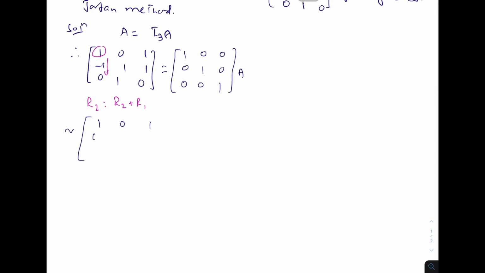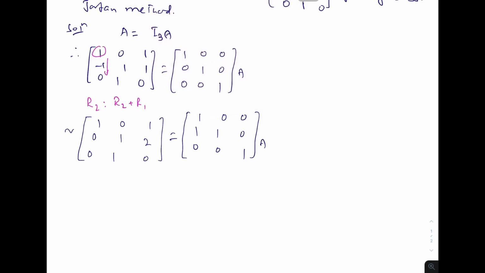Now if we add this, so this will be 0, adding R1 and R2, so 1 2, third row as it is. Same procedure we need to do in the right hand side of the identity matrix. 1 0 0 adding, so that will be 1 1 0, 0 0 1 and A.